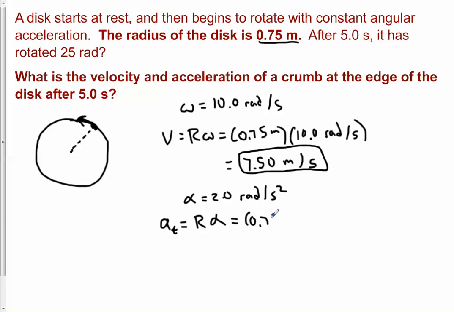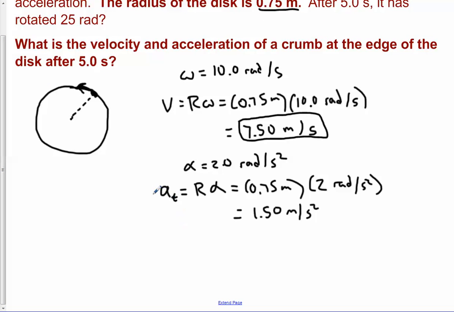So 0.75 meters times 2 radians per second squared is going to be 1.50 meters per second squared. Now that's just the tangential acceleration, though, not the full acceleration that I think we're being asked for.